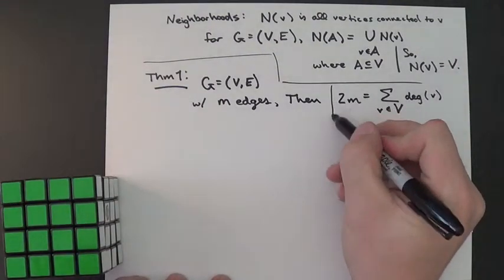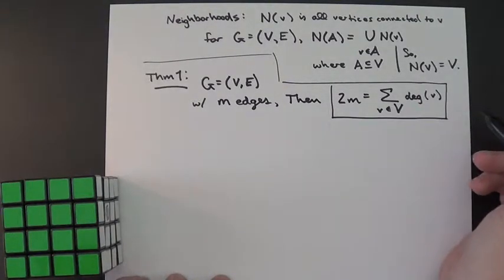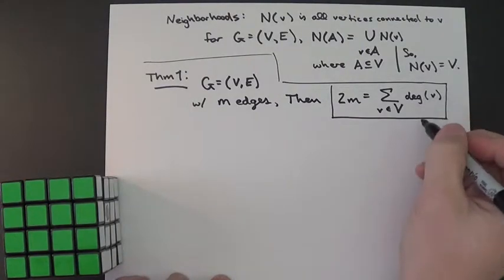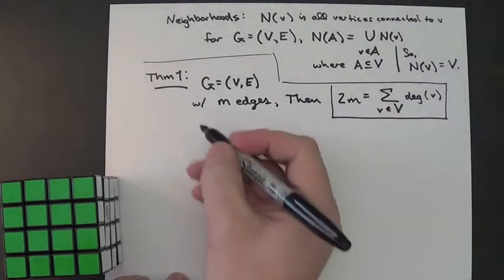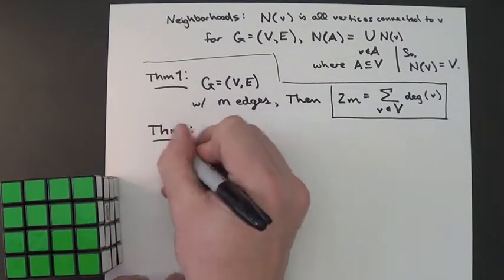So that's kind of a handy fact, a way to count the number of edges in terms of degrees. There's an obvious relationship between the degrees and the edges, but this just kind of shores things up for us.